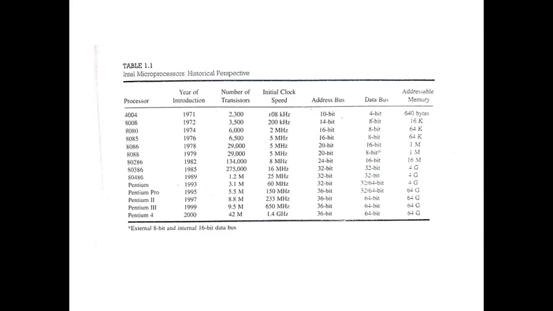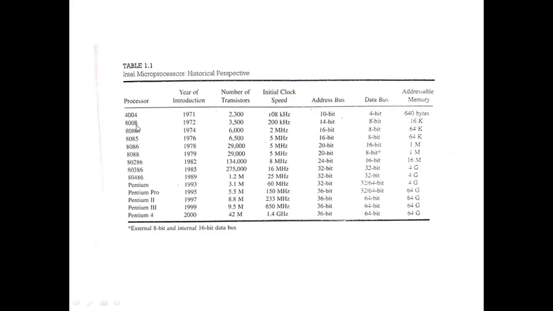Here you can see this figure and all the data included. When we talk about the first microprocessor, the 4004, the year of introduction is 1971, number of transistors 2300, then initial clock speed, address bus and data bus, and addressable memory of 640 bytes.